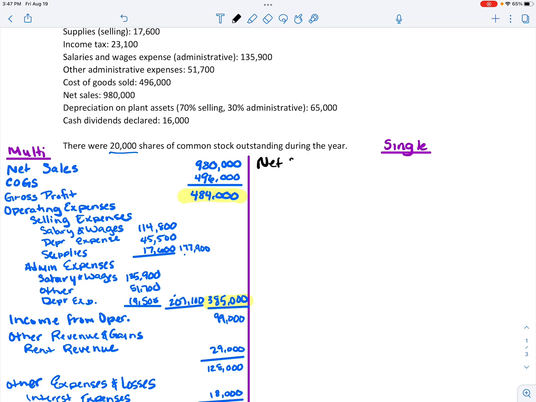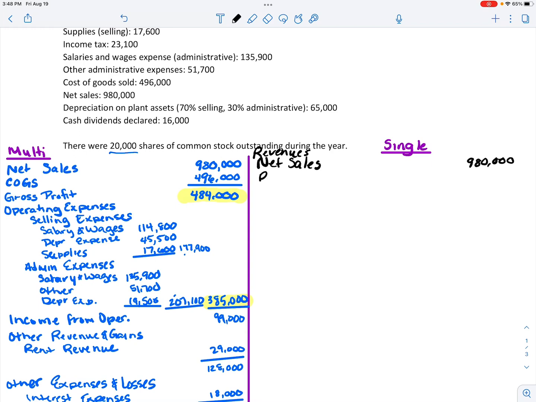So we start with net sales again, which is 98,000. But here we're listing out all of our revenue. I probably should have put in that line item so you know when you're doing your homework and you need to fill in those boxes that you have to put those totals in.